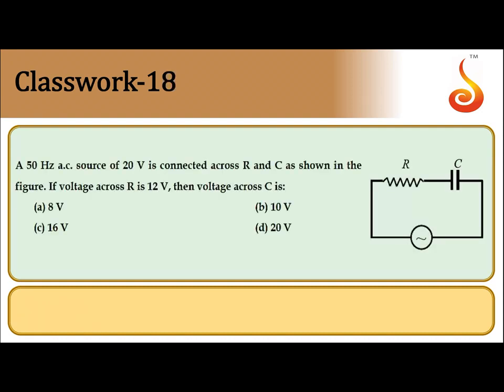18. A 50 Hz AC source of 20 volt is connected across R and C as shown in the figure. If voltage across R is 12 volts, then the voltage across C is. In AC, the voltages are related by this equation: E0 square is equal to VR square plus VL minus VC whole square. In this circuit, we have R and C. There is no question of inductance.